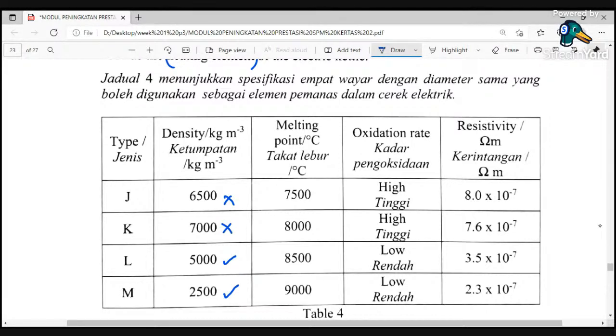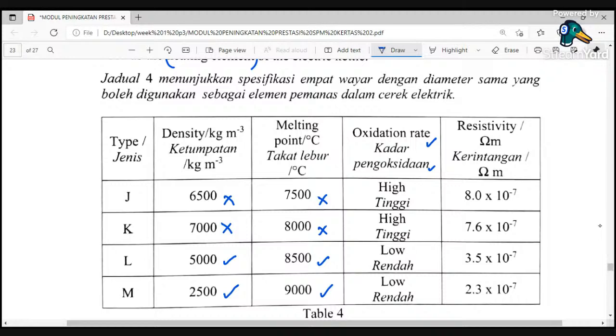Melting point must be high to withstand high temperature. So I will choose the two which are higher and remove the one which is smaller. Oxidation rate: if the oxidation rate is higher, it easily corrodes or rusts.